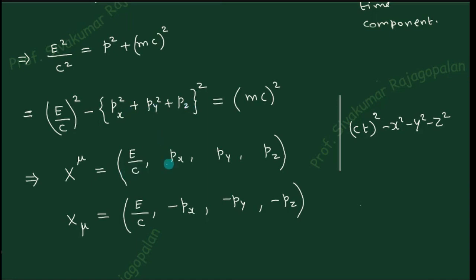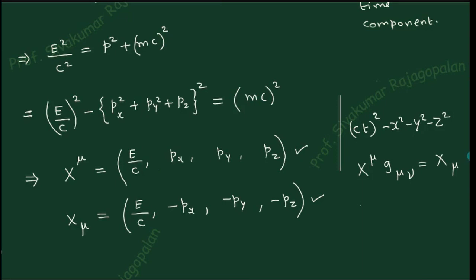So you can easily write down these 2 things, and remember that these 2 things are connected by the same metric tensor. The metric tensor will not change because of this definition. As usual, x mu multiplied by the g mu nu will be equal to x mu. Same definition, same objects follow this rule, and therefore we are able to successfully define one covector and one contravariant vector corresponding to this energy momentum relation.